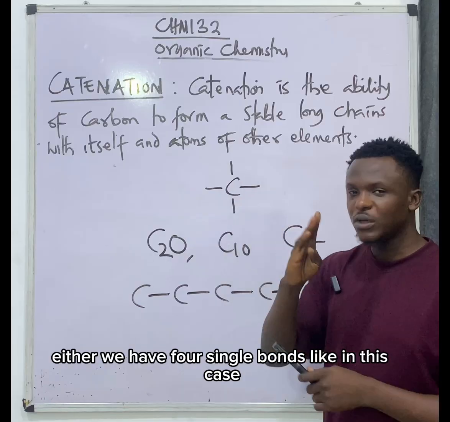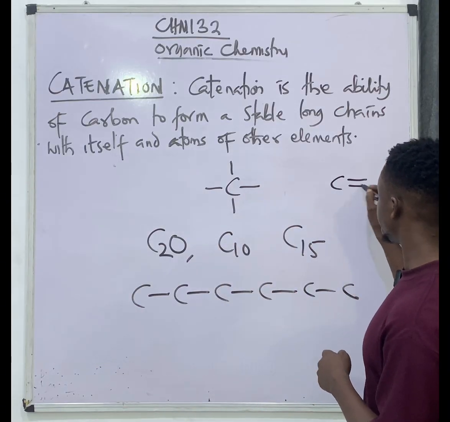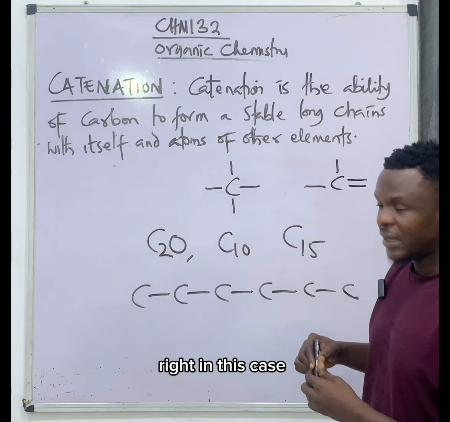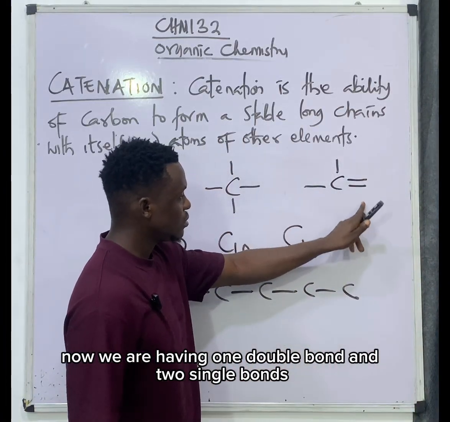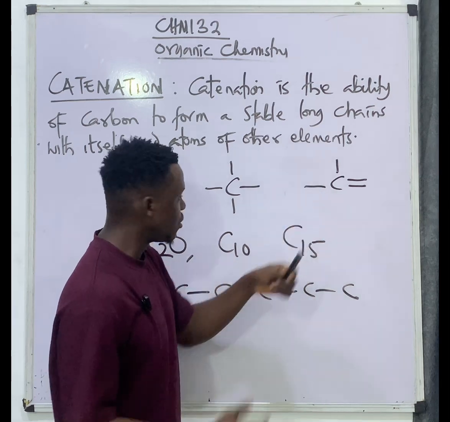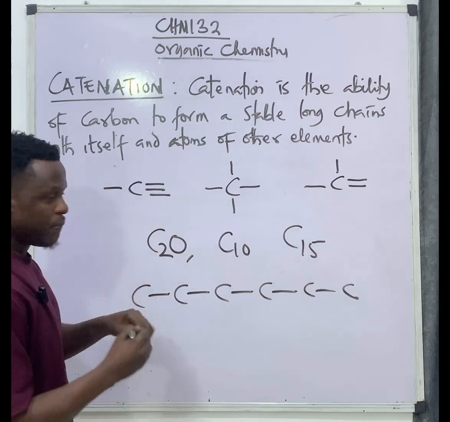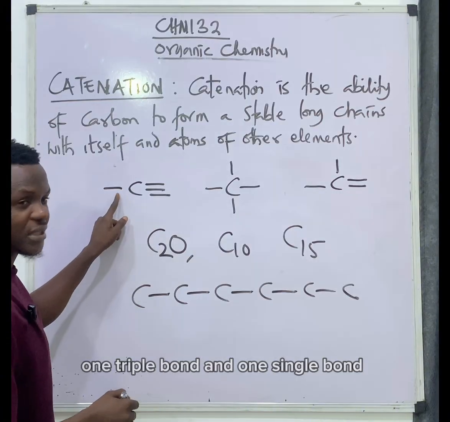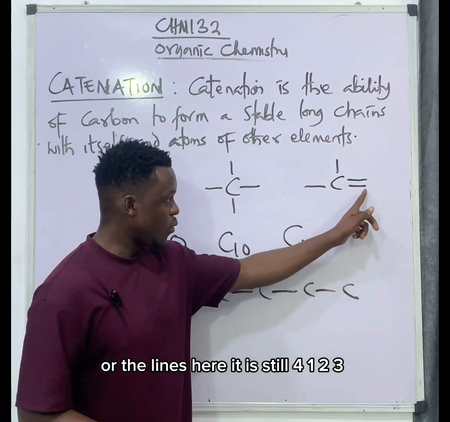Either we have 4 single bonds, like in this case, or we have something like this, right? In this case, we are having 1 double bond and 2 single bonds, or we have 1 triple bond and 1 single bond. If you count the total number of bonds or the lines here, it is still 4. 1, 2, 3, 4.